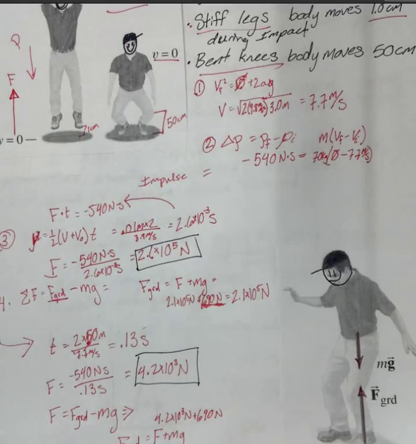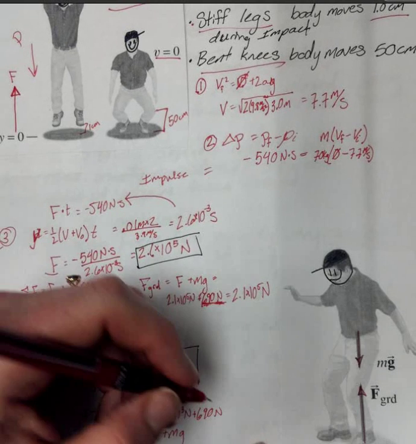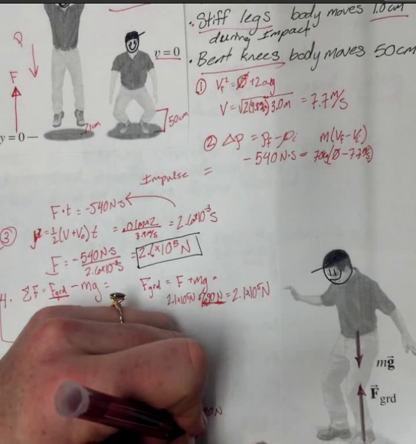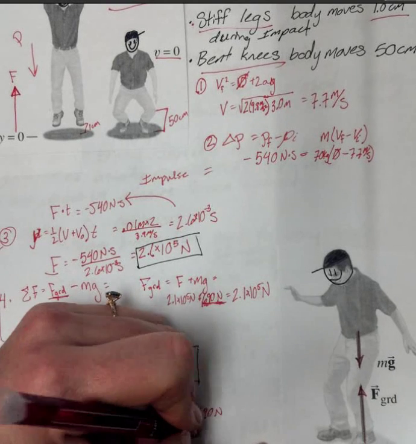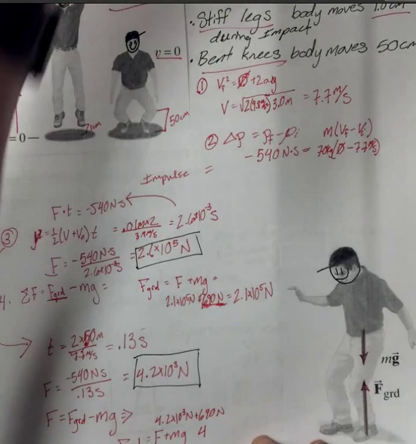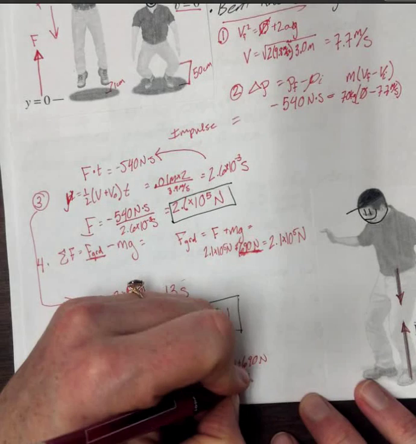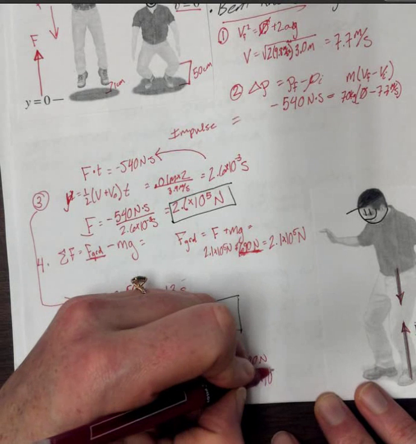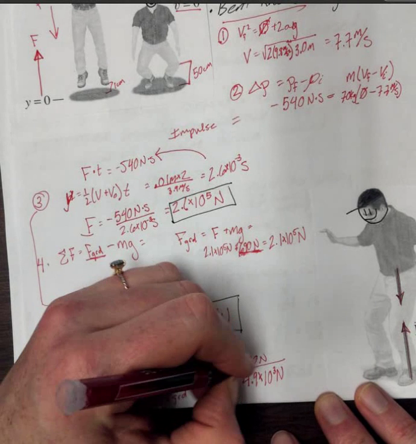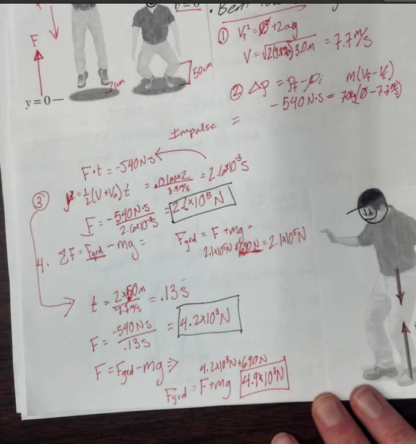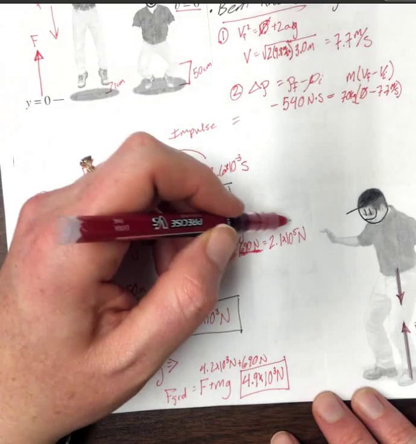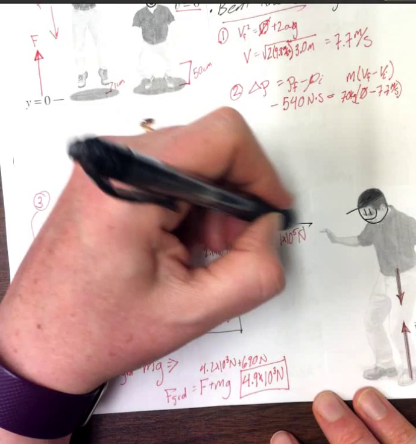And here we actually see a small change because we've reduced the force by so much. So we see that the force that the ground exerted in this situation is actually 4.9 times 10 to the third newtons, which is still a much, much smaller number than our 2.1 times 10 to the fifth newtons for landing straight-legged.